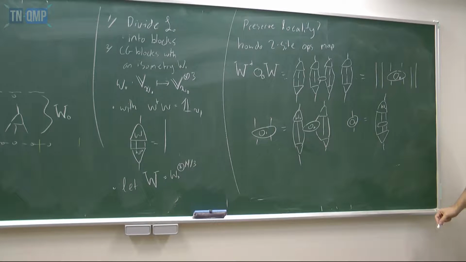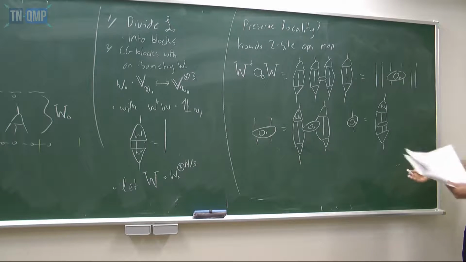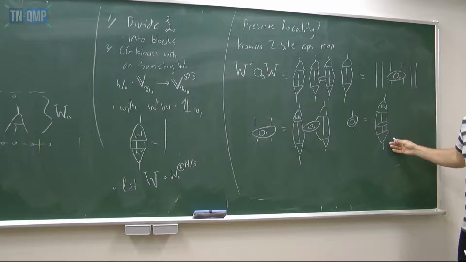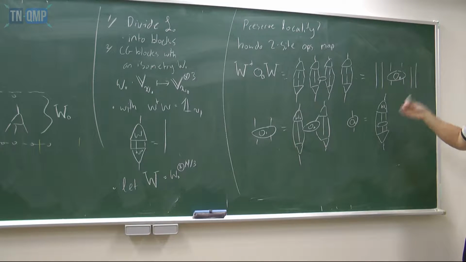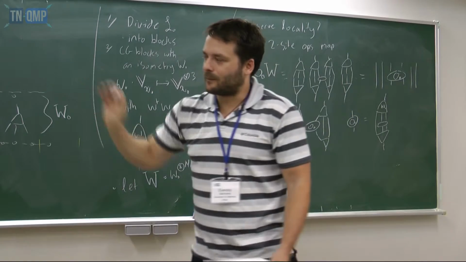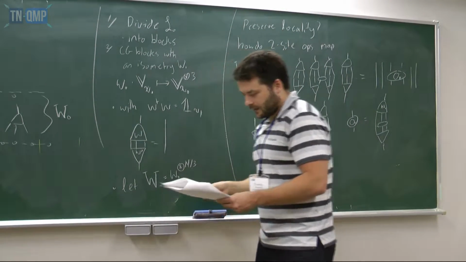Okay, but the important part is it doesn't delocalize too much, it doesn't spread out. It either stays a two-site operator or it maps to a one-site operator, and it will keep mapping in this way. So yes, this very basic transformation ticks the box of preserving locality.